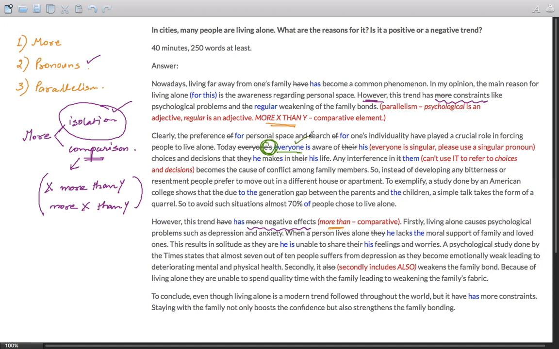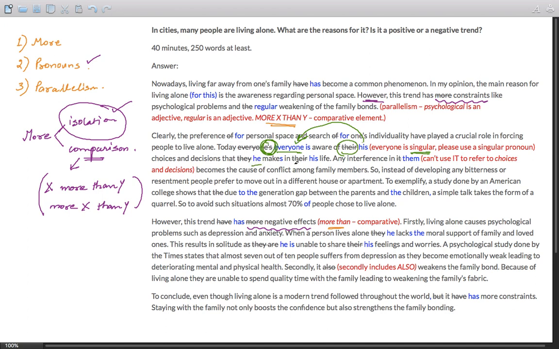Now, everyone, like no one and nobody, is singular. So it is a singular pronoun and a singular word, and it must have a singular pronoun. There is a plural pronoun here, and it does not refer back to everyone. It will look for a plural noun. You should use his, or his or her, to refer back to everyone.